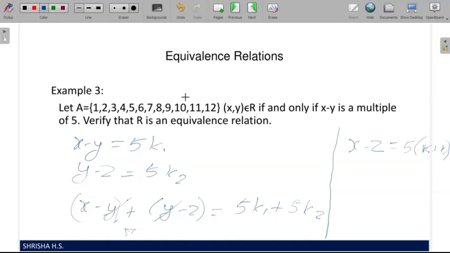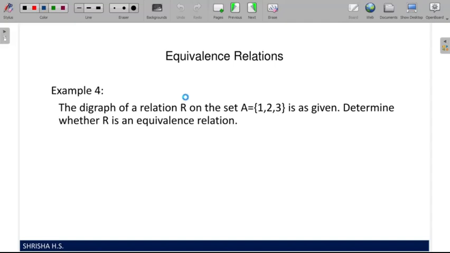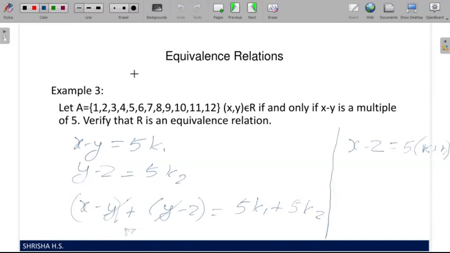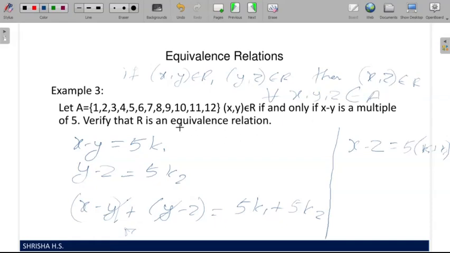So we can write that if x comma y belongs to R and y comma z belongs to R, then x comma z belongs to R for all x, y, z belonging to set A. Therefore R is transitive.